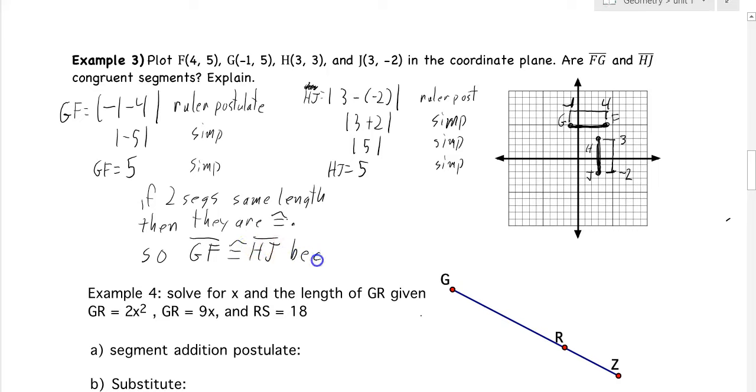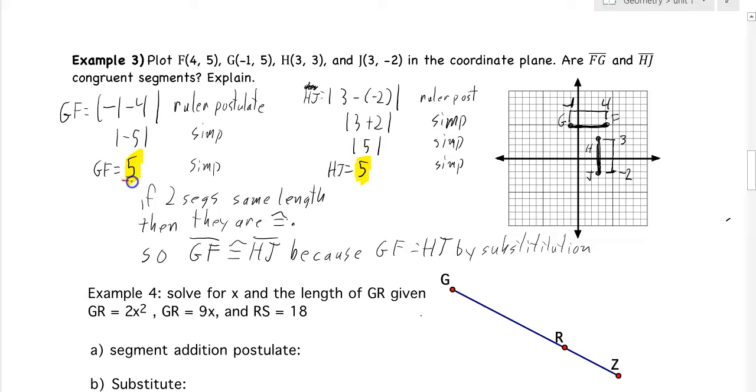because GF is equal to HJ by substitution. So, what are we substituting? We're recognizing that the 5's are the same, and then changing one of the 5's into what we know the other 5 is equal to.